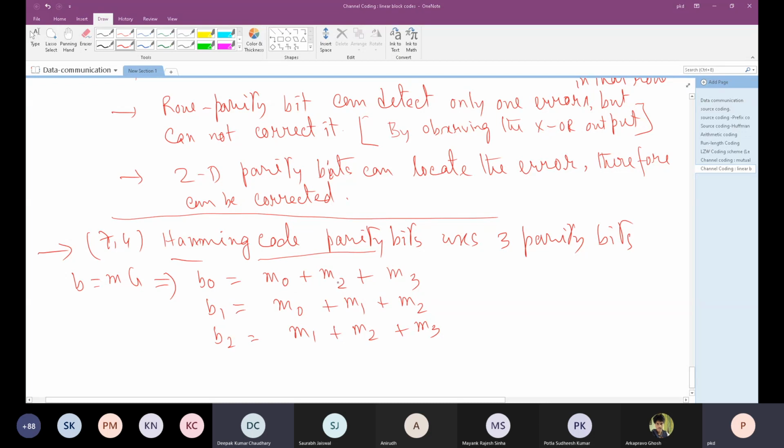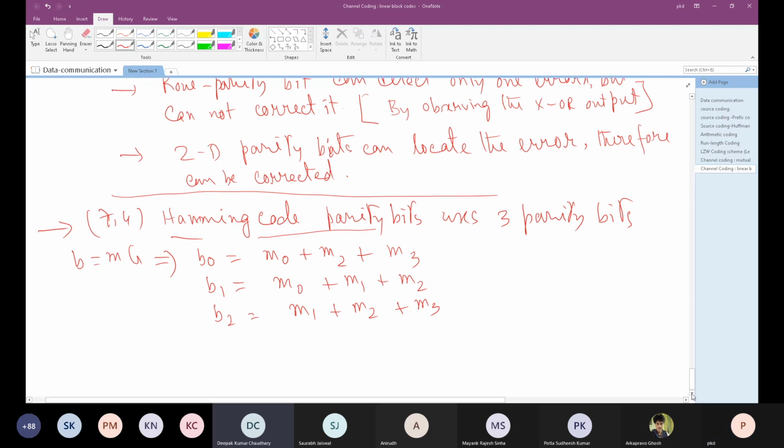So that means an error in M2 will pick up B0 and B1. Error in M0 will also pick up B0 and B1. Error in M3 will pick up B0 and B2. Okay.